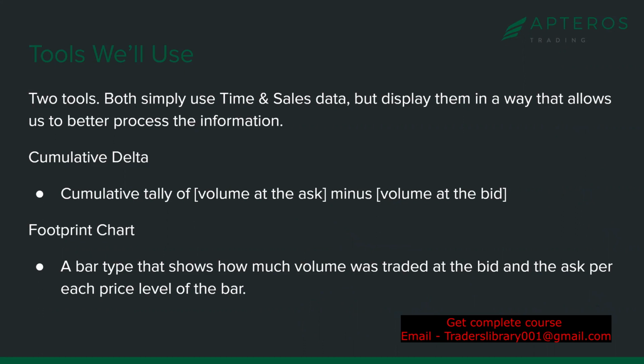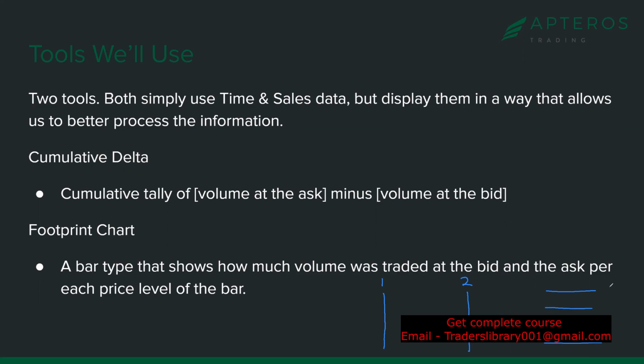In the footprint chart, it also shows the exact same data, but you pick a bar type. For example, we could pick a 1-minute bar chart. And for each 1 minute, so here's minute 1, here's minute 2, you have 2 columns for your bar chart. And for every single price level, let's say there's a couple different prices here.